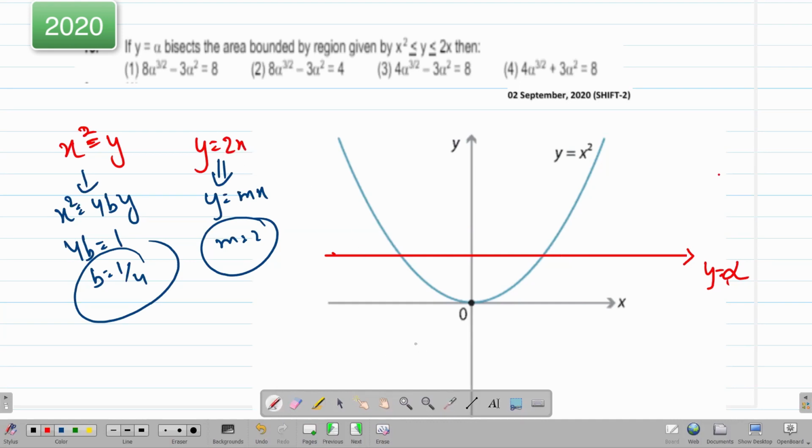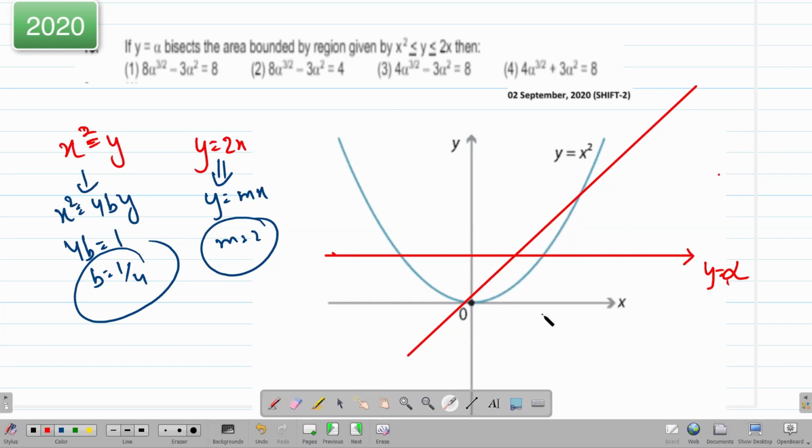So the diagram of this line is somewhat like this. And according to the question, this line bisects this whole region into two equal halves. Bisect means just divide this whole area enclosed between this parabola and the line passing through origin, is this, and this line bisects this region.